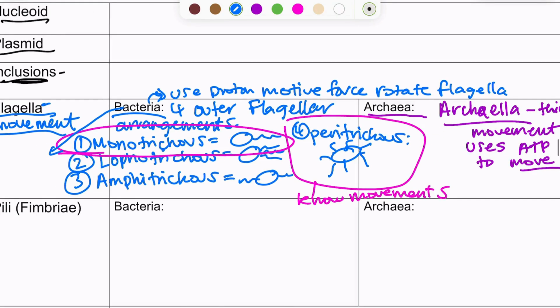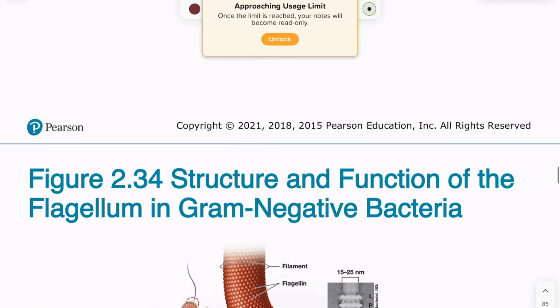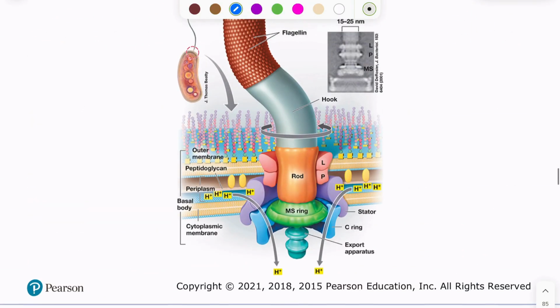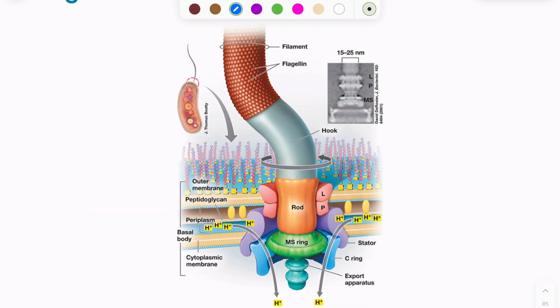Okay, so I'm going to show you that in the slides. So we have the flagella here, and you could see that it's rotating. But really what's rotating is the same thing that helps ATP synthase to rotate in the electron transport chain.